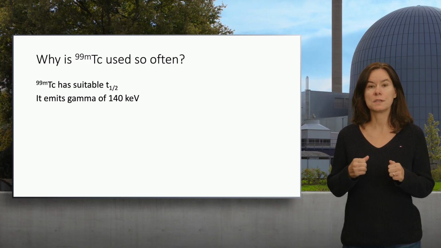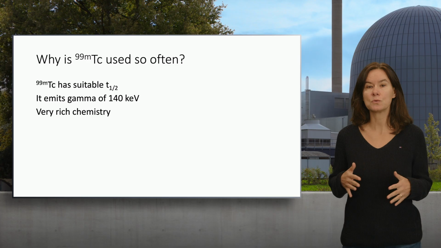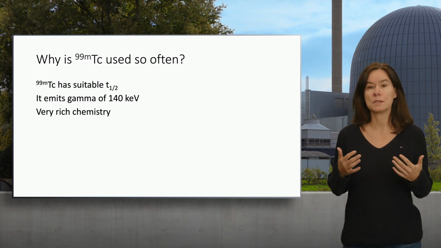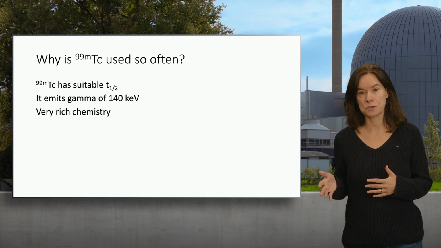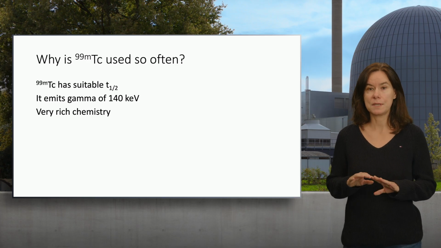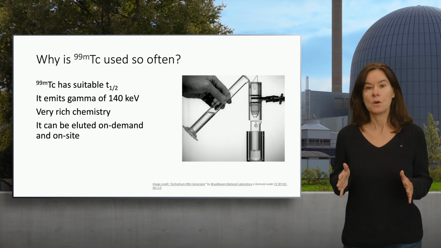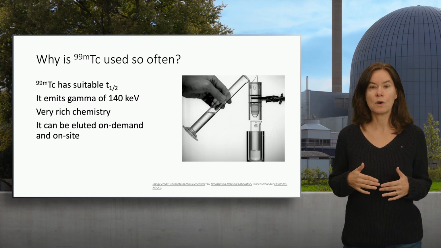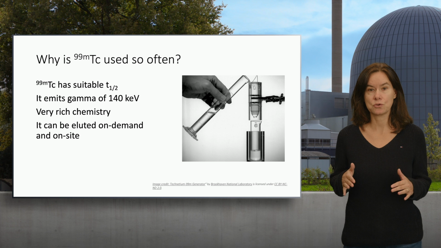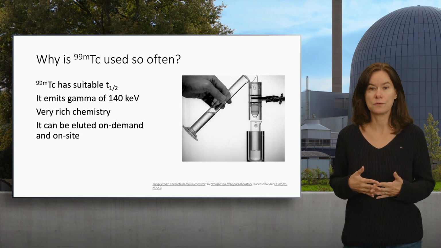Third, technetium has extremely rich chemistry, which allows to prepare various radiopharmaceuticals, explaining its application in detection of so many medical conditions. Last, but definitely not least, technetium-99m is supplied by a generator, which allows its elution in the hospital, avoiding all supply and logistics issues, which would have tremendously hindered the application of such a short-lived radionuclide.